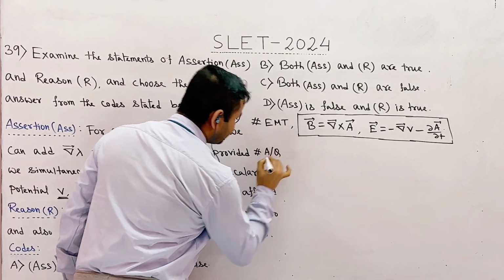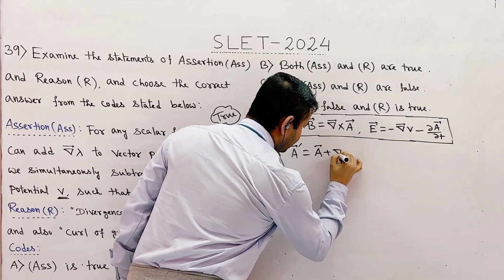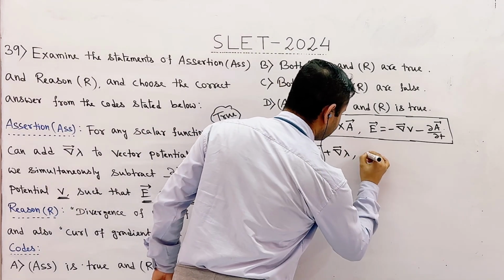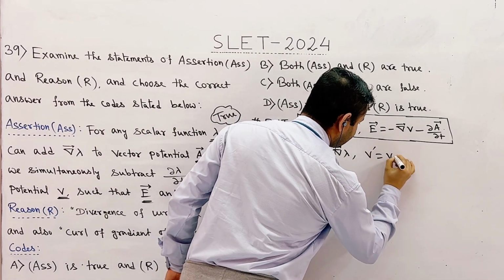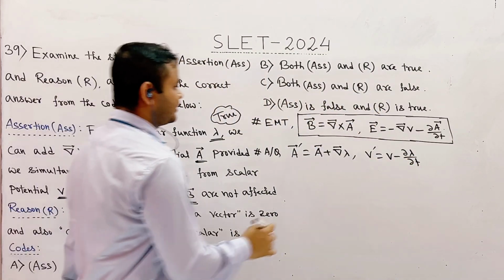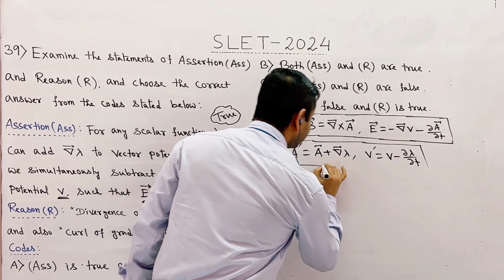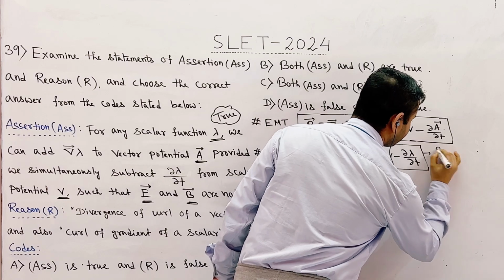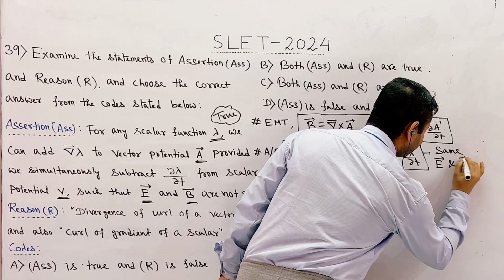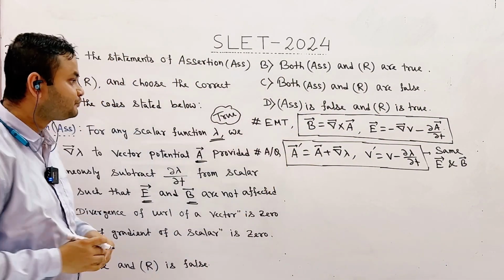So according to this question, if we add gradient lambda to vector potential A and if we subtract del lambda by del T from scalar potential V, then we should get the same electric and magnetic fields. Okay? Same electric and magnetic fields. Now let us check whether this statement is true or not.